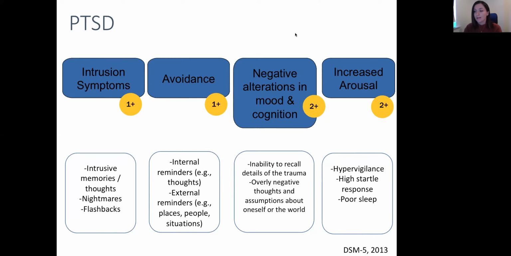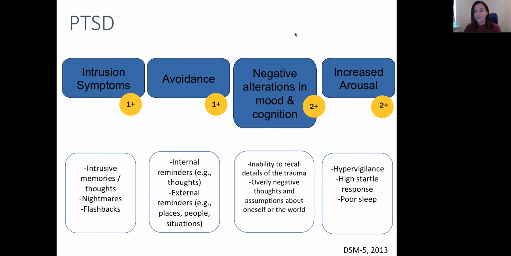So, for example, blaming oneself for the event happening, or firmly believing that you could have done something different to prevent the traumatic experience from occurring. And obviously, holding these persistent beliefs can be quite distressing for a lot of people, and it sparks feelings of shame and guilt as well.